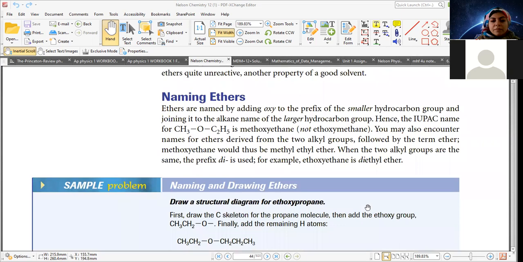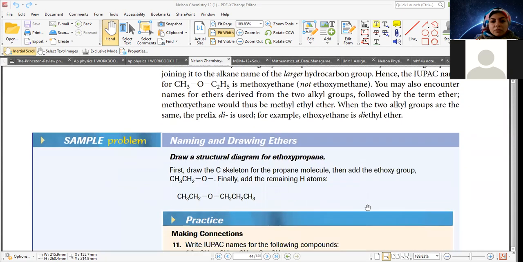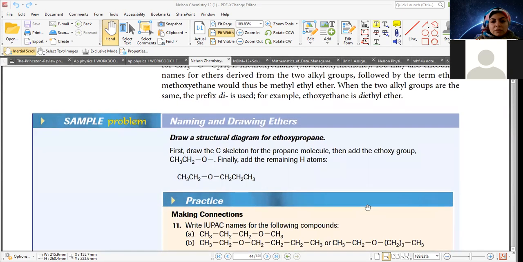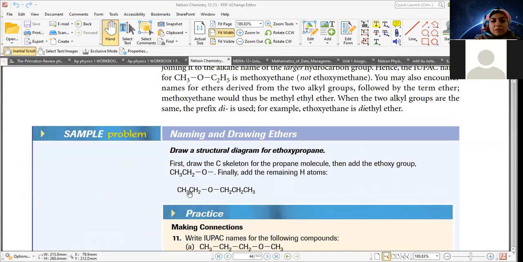Naming ethers, I just want to go through this. See, there are 2 hydrocarbon groups attached to oxygen. I know these are ethers. How do I name that? The biggest chain is going to be your main chain. This is the biggest chain, it has 3 carbons compared to that one. This is the main chain, that's why it's going to be propane.